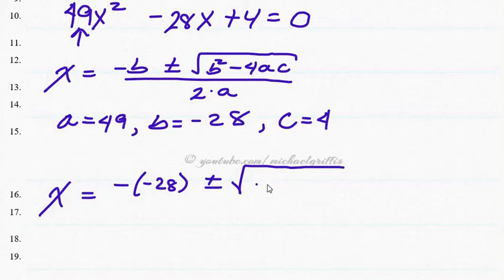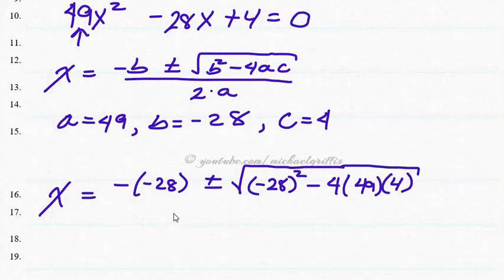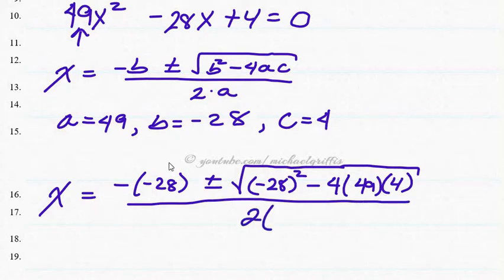So we have -28 squared minus 4 times a, which is 49, times c, which is 4. It's all over 2 times a, and a is 49.